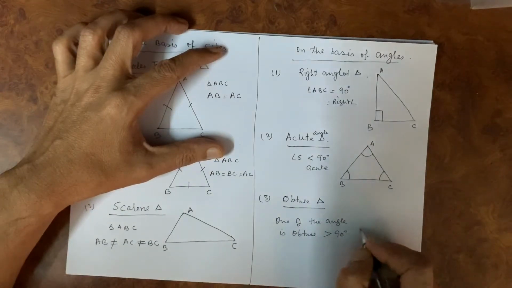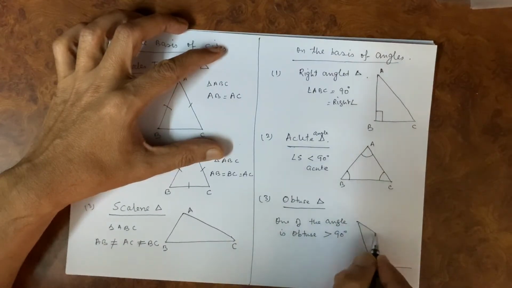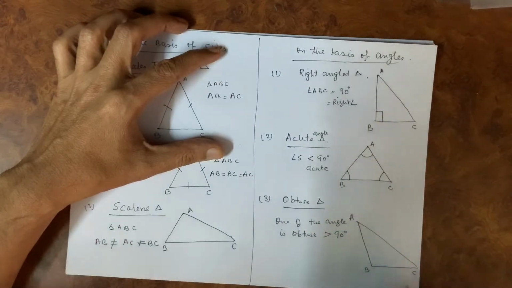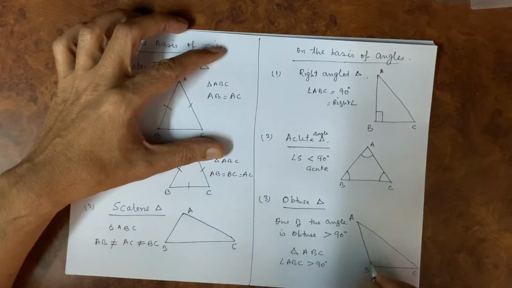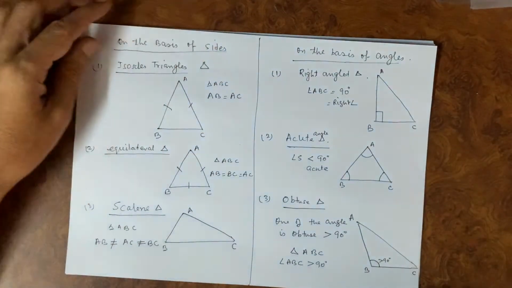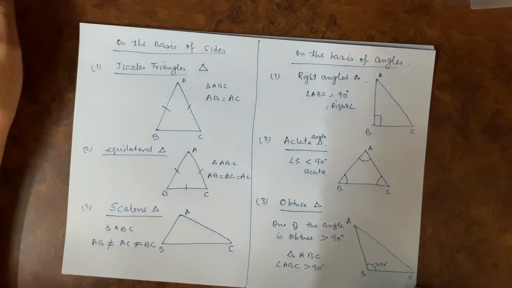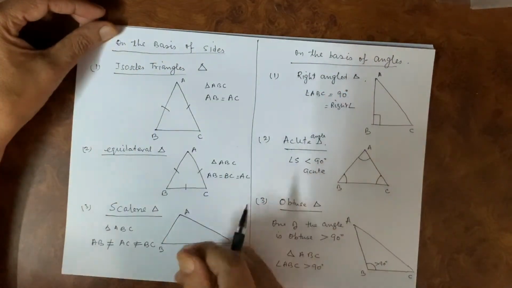Figure wise, it will look like this: A, B and C. Triangle ABC is obtuse triangle in which angle ABC is greater than 90 degree. So these are the types of triangles categorized on the basis of sides and on the basis of angles.